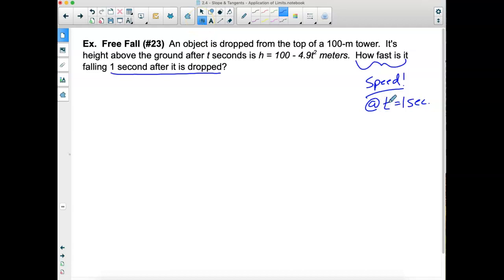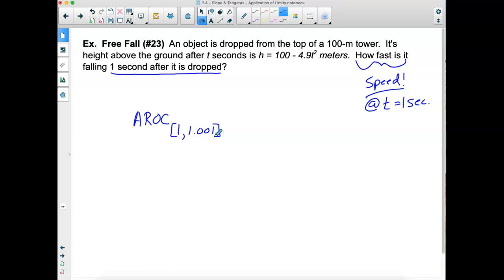Okay? So if I need to find, this is an instantaneous speed. So again, if I'm finding an instantaneous speed, well, what am I going to do? It's an average rate of change, but it's on a very, very tight interval from 1 to maybe 1.001, okay? So I'm taking a tight interval.